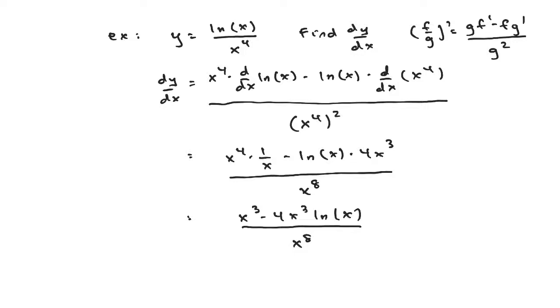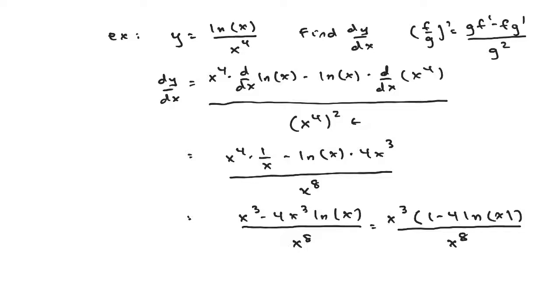Okay, so again, some people have trouble with x to the fourth, the quantity squared. We're raising an exponential to an exponent, so we multiply the exponents, which is where we get this x to the eighth. Okay, you might see it on your MyMathLab simplified a little bit further. In that case, what you might do is factor out an x cubed from the top, and that's times 1 minus 4 times the natural log of x, and that's all over x to the eighth.